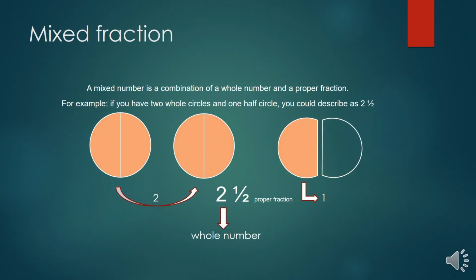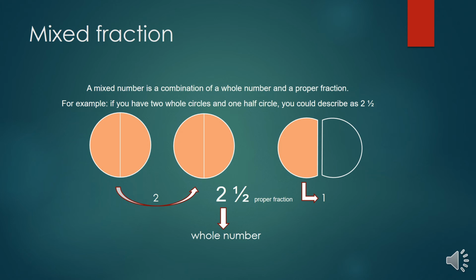Next is mixed fraction. A mixed fraction is a combination of a whole number and a proper fraction. For example, if you have 2 whole circles and 1 half circle, you could describe it as 2 1/2, which is called a mixed fraction. We have 3 circles equally divided into 2 parts, so the denominator is 2.